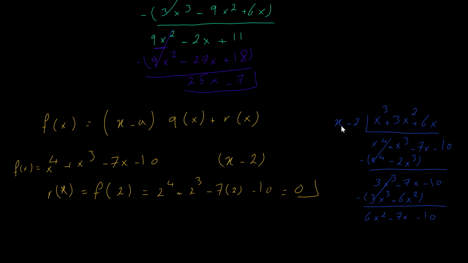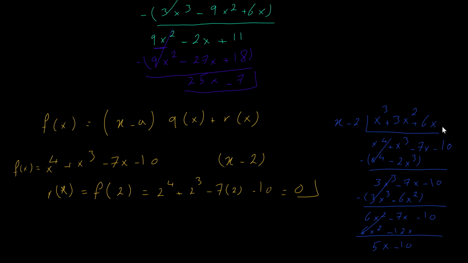So if you multiply this by 6x, we get 6x squared minus 12x. That gets canceled out. That one becomes plus 12. The remainder is going to be 5x minus 10.